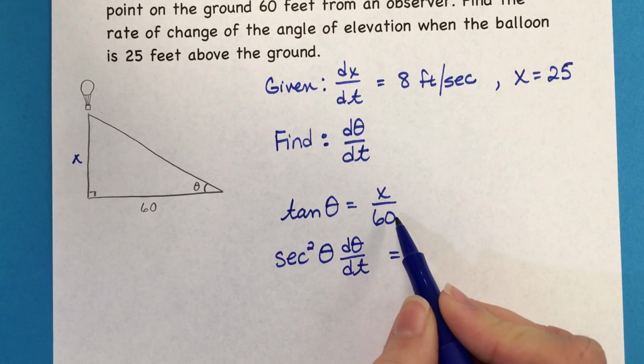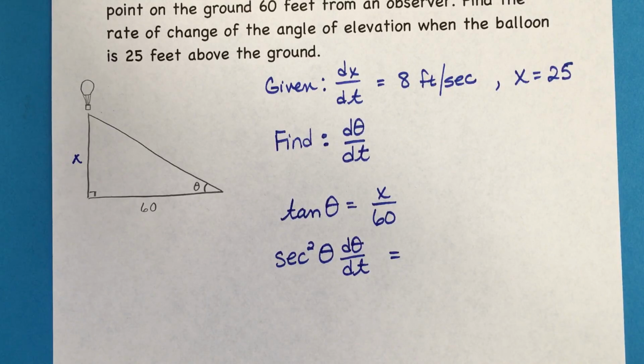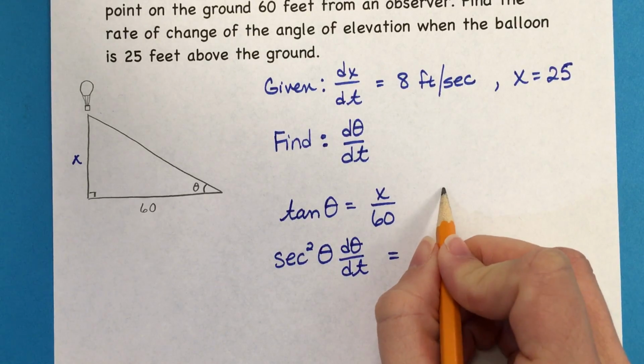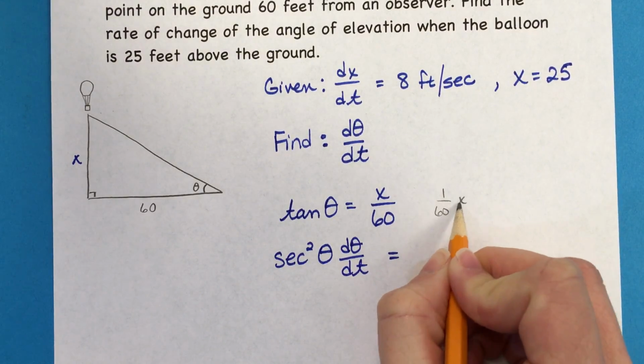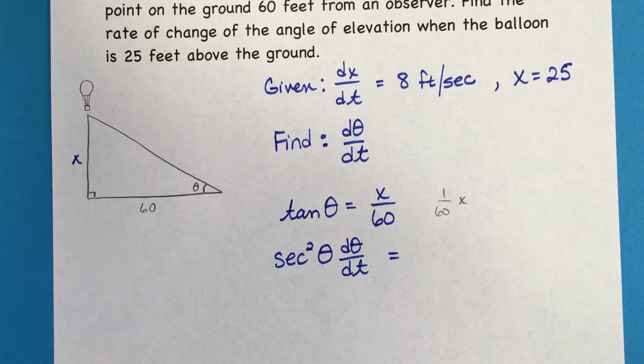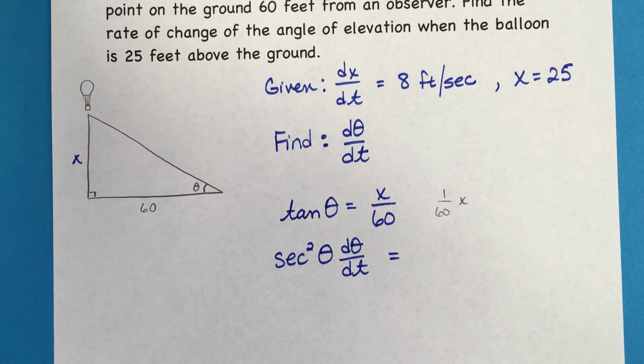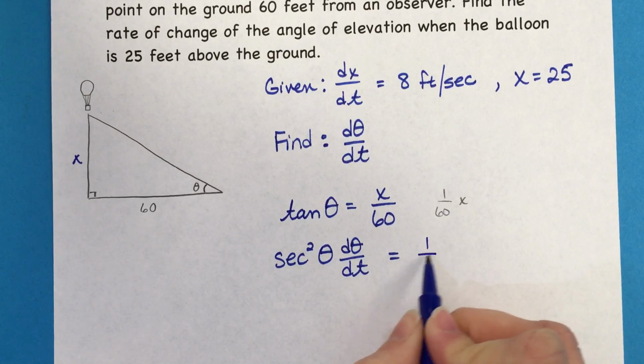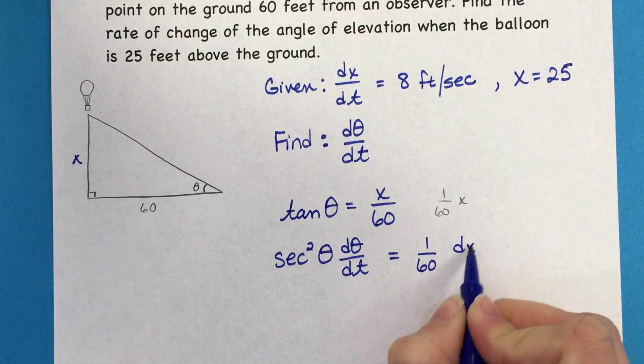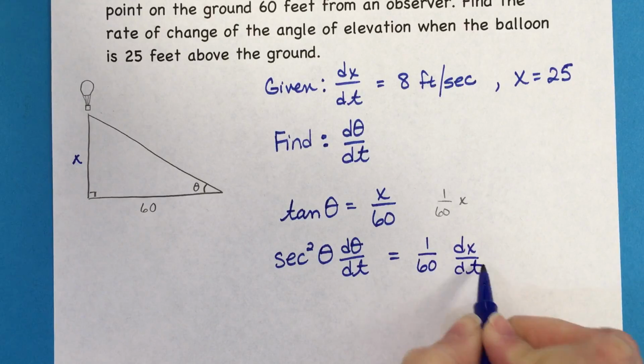Now, with the x divided by 60, what I want you to do is just think of that as if this were 1/60th x, okay? So 1/60th would just be a constant multiple here. So when you take the derivative, you would just have 1/60th dx dt.